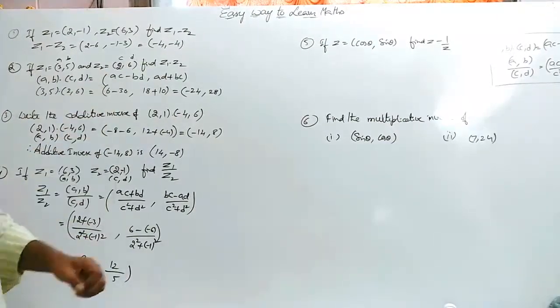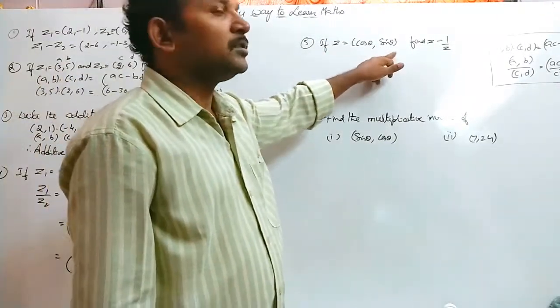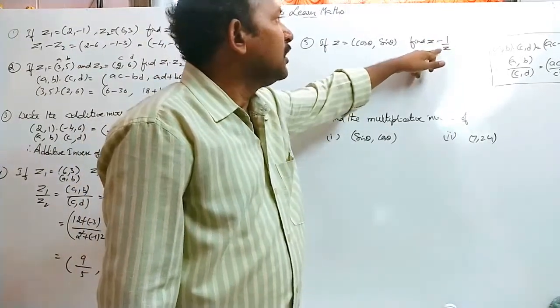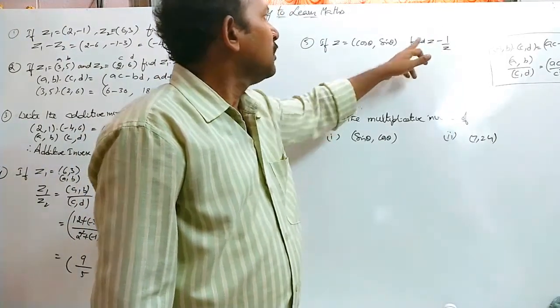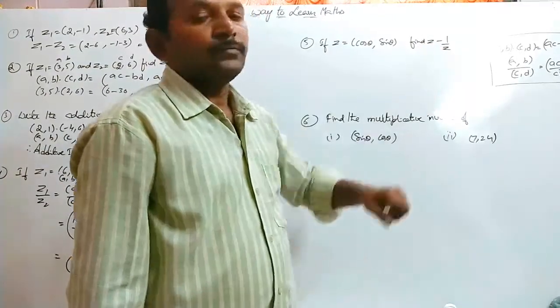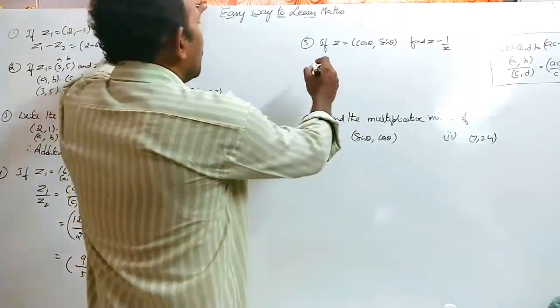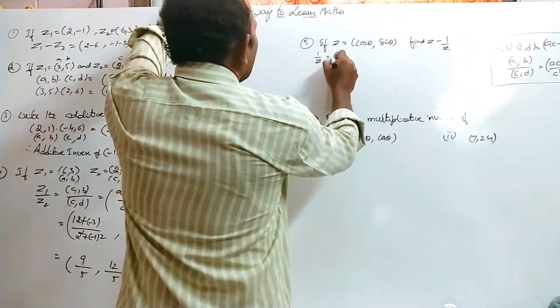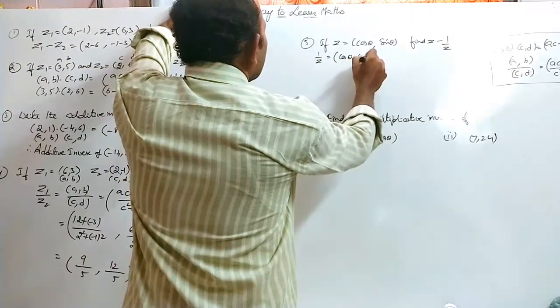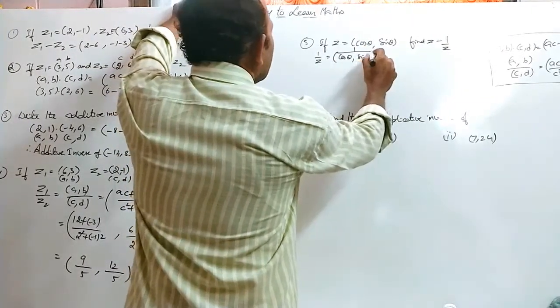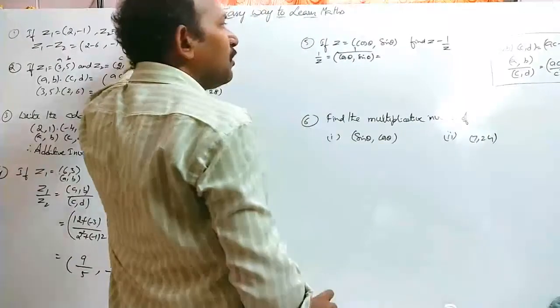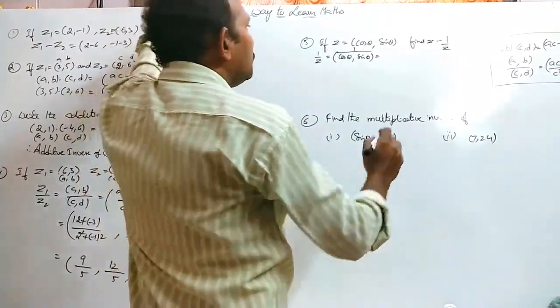Now if Z = (cos θ, sin θ), find Z - 1/Z. Here 1/Z is nothing but the inverse of Z. Let us find first of all 1/Z. Therefore 1/Z is equal to 1 by (cos θ, sin θ), that is equal to, the multiplicative inverse formula is (a by a² + b², -b by a² + b²).